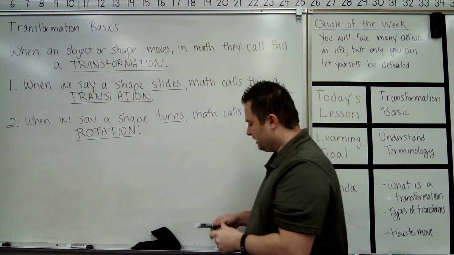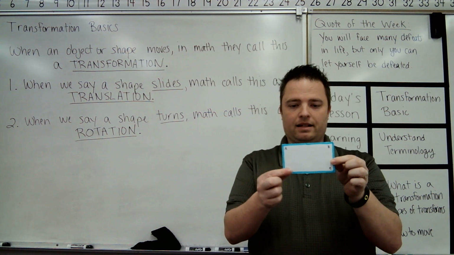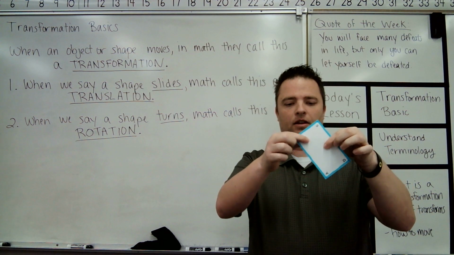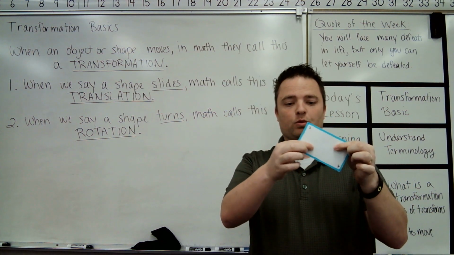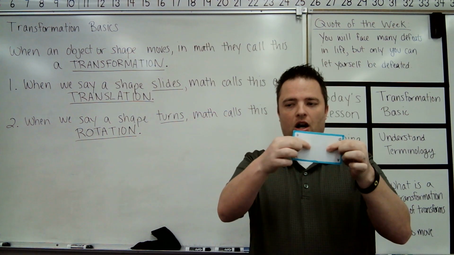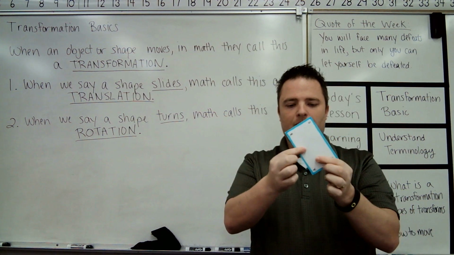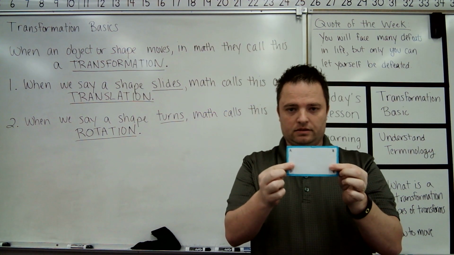Okay? Math calls this type of movement a rotation. So for example, when we had turn clockwise, math calls this type of movement rotating clockwise, to rotate clockwise. When we were turning opposite the way the clock goes, meaning turn counterclockwise, math was calling this rotate counterclockwise.